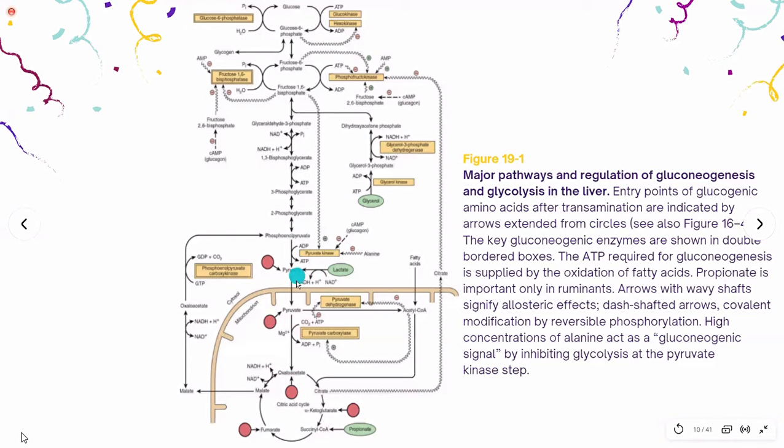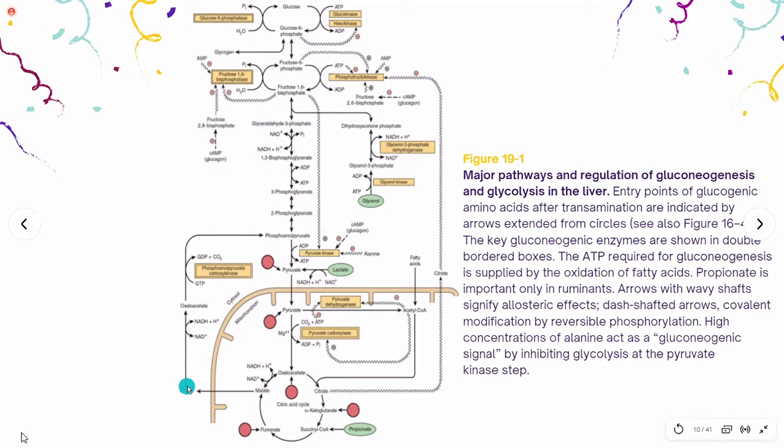Pyruvate gets inside the mitochondrion, acted upon by this particular enzyme, pyruvate carboxylase, and then becomes oxaloacetate, it becomes malate, and once it is malate, it has a transporter and brings this malate out into the cytoplasm.